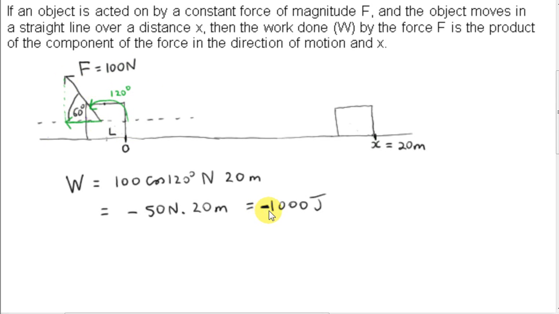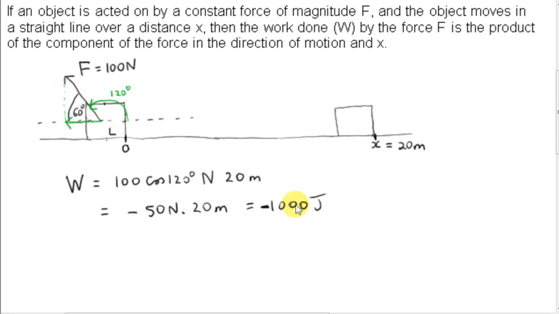As a matter of fact, we can say that the work done by the object, not by the force, but by the object, is plus 1000 joules. So if the work done by a force on an object is negative, then the work done by the object in opposing that particular force, if you like, is plus 1000 joules. But we won't worry too much about that for now.